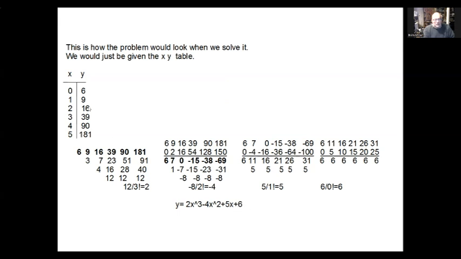Now, this trick will not work if the numbers are not in sequential order as we have here, or if this is not a polynomial. But this should work for any polynomial, no matter what level it is.